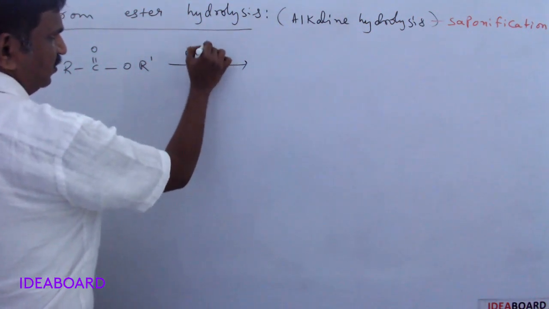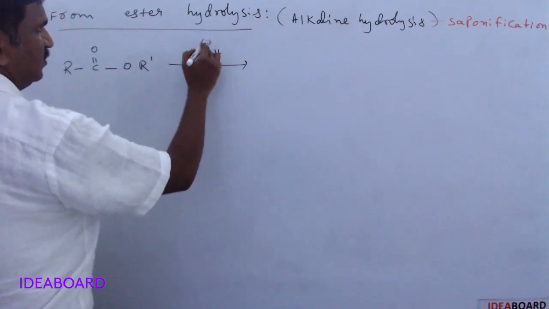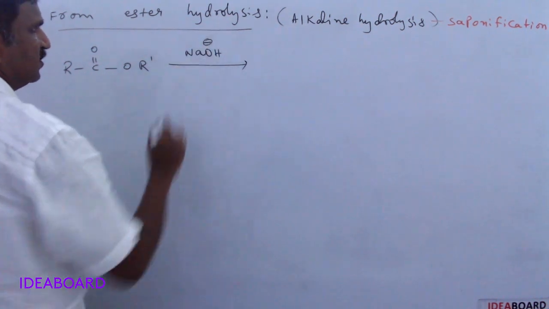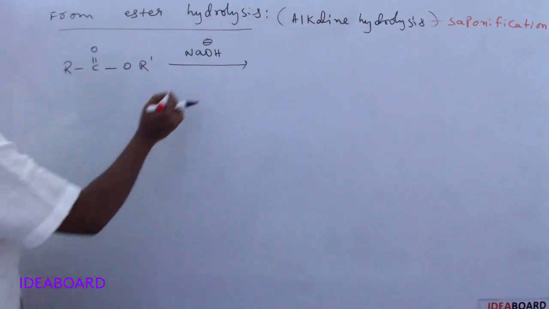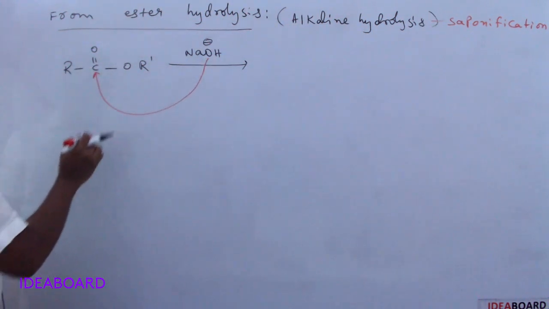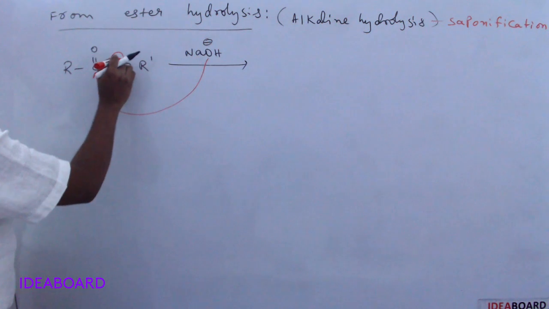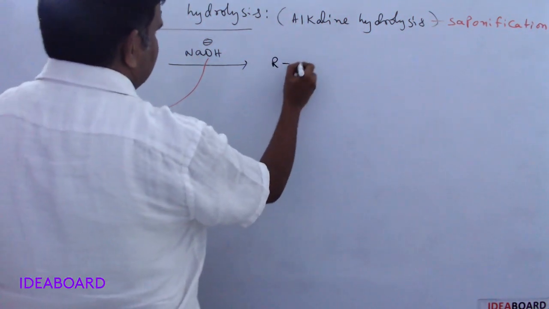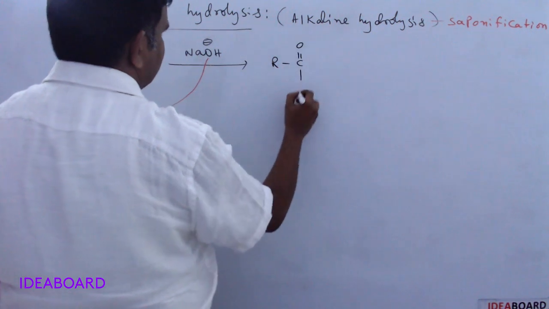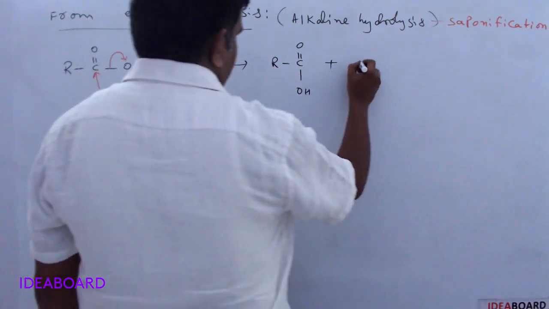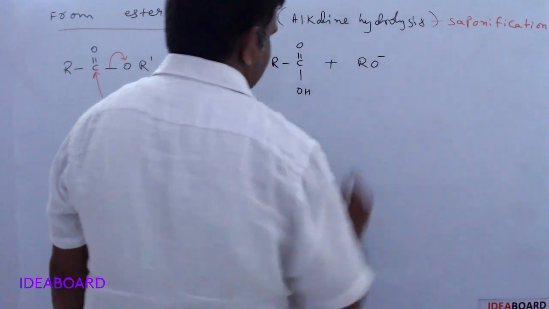Here, OH minus is a nucleophile. This can attack on this carbon atom and so this pair of electrons is shifting. So what is happening is RC double bond O OH plus R dash O minus is formed.